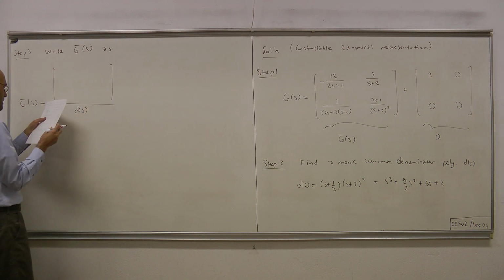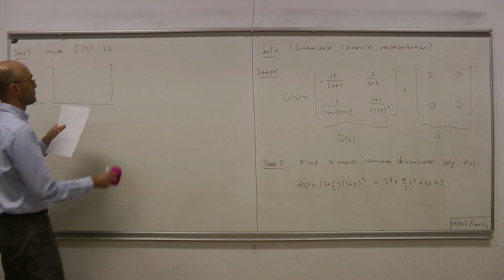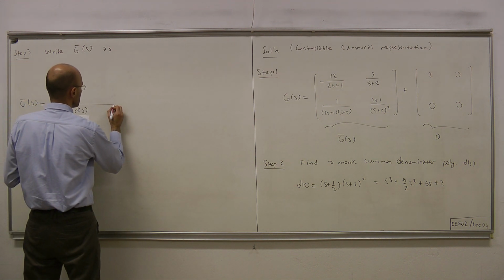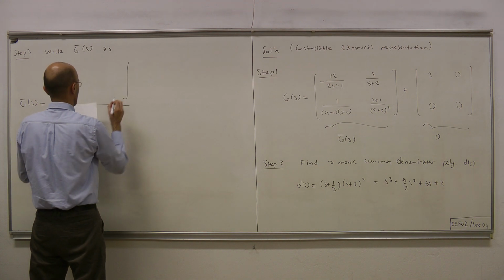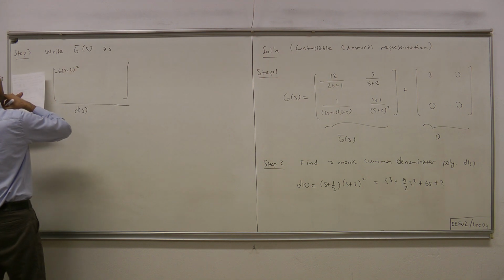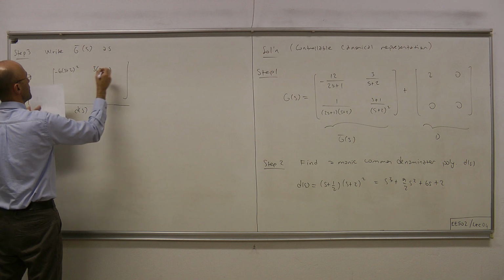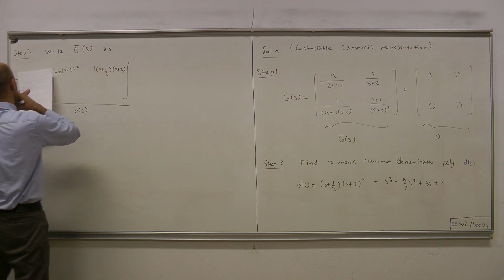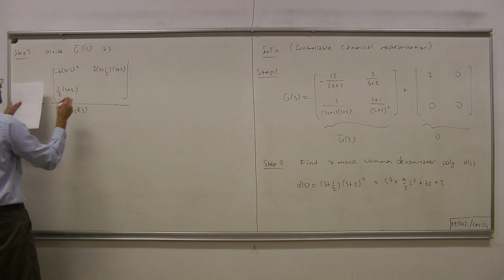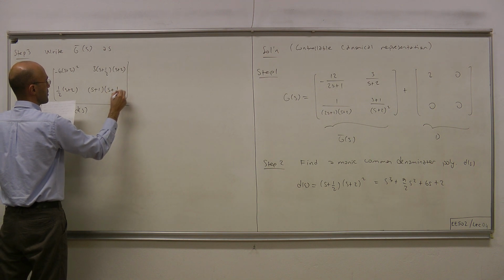Okay, and this something is the following: minus 6 times s plus 2 squared, 3 times s plus 1/2 times s plus 2, 1/2 times s plus 2, and here we have s plus 1 times s plus 1/2.